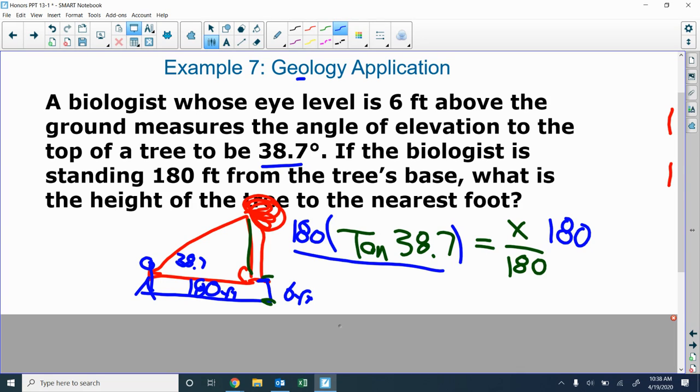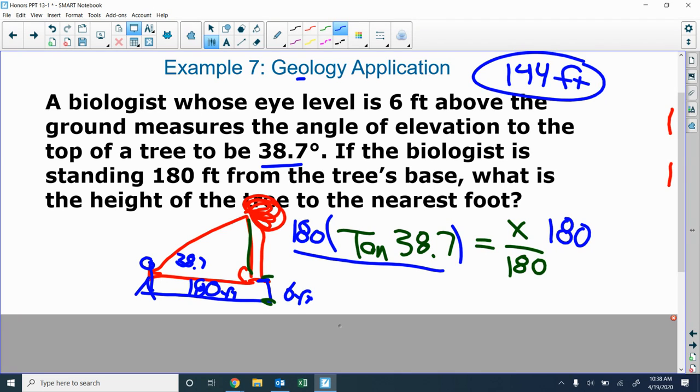Degree mode, yes. 38.7, close that, times 180. And I'm getting 144 feet. So 144 feet is how tall this tree is.